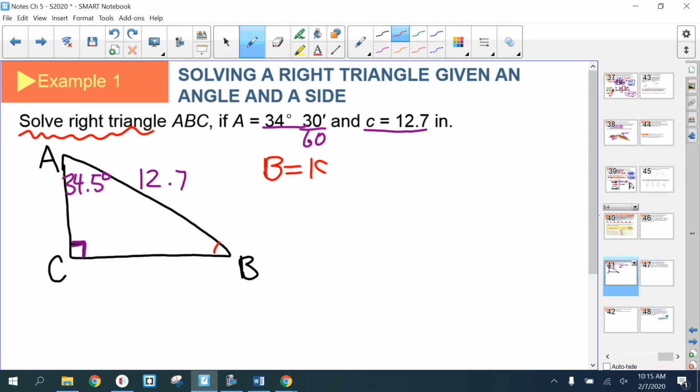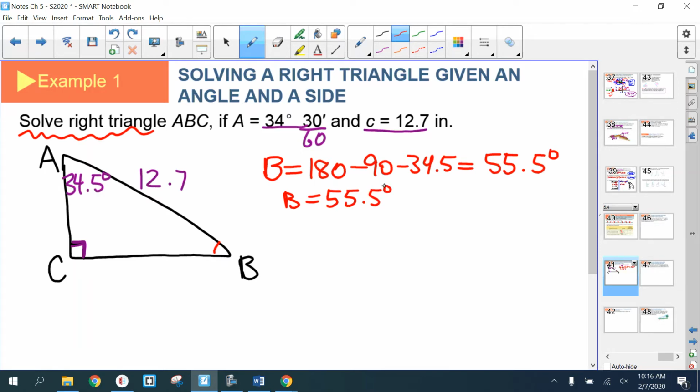So we should just be able to go 180 minus 90 minus 34.5 to get, what do we get there? 55.5, okay? Want a calculator for this, so get your calculators out. 55.5. So I'm going to write B equals 55.5 degrees, and I'm going to circle it because that's part of my answer.